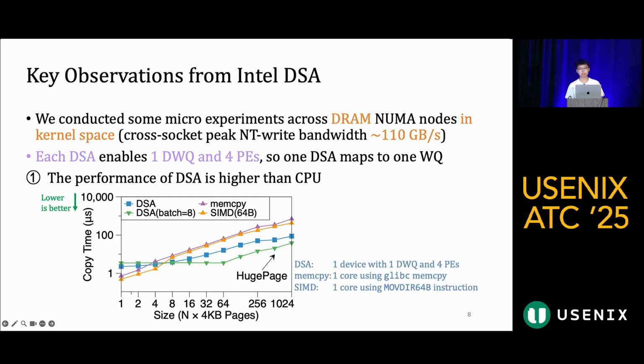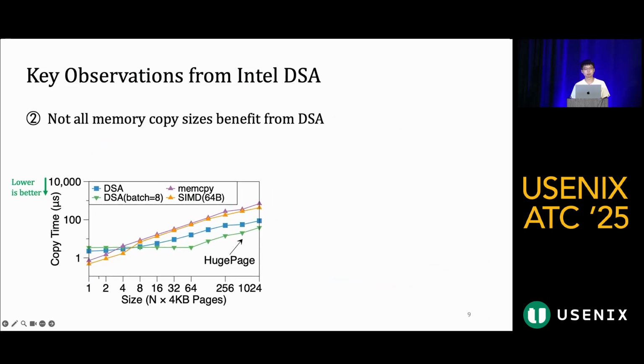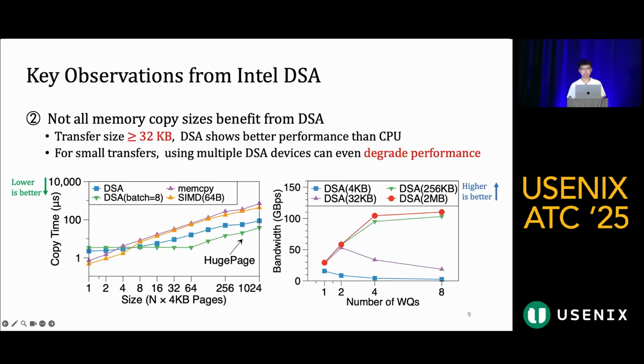The first observation is straightforward. DSA delivers higher performance than CPU-based copying. However, not all memory copy sizes benefit from DSA. When the transfer size is 32 kilobytes or larger, DSA shows higher performance than CPU. For small transfers, using multiple DSA devices can actually degrade performance.